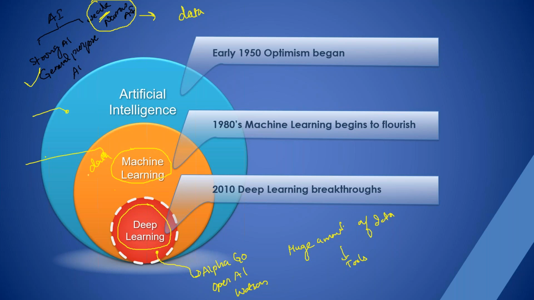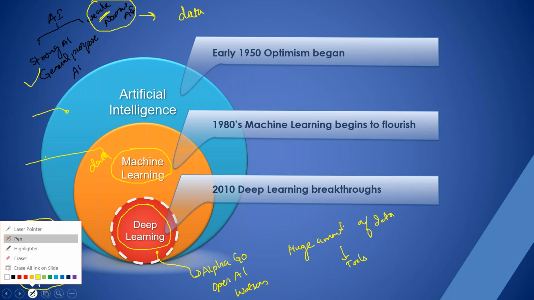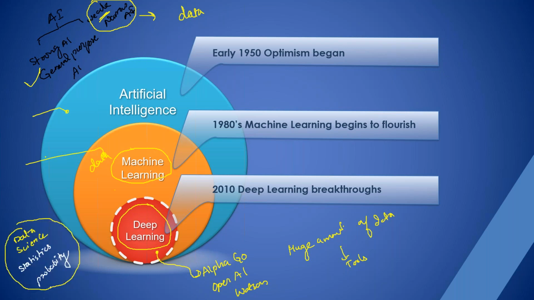Now there are a lot of relevant terms. For example, you might have also heard of data science. So what is data science? For years, we have been working with statistics and probability to understand and interpret data, making logical interpretations of data.